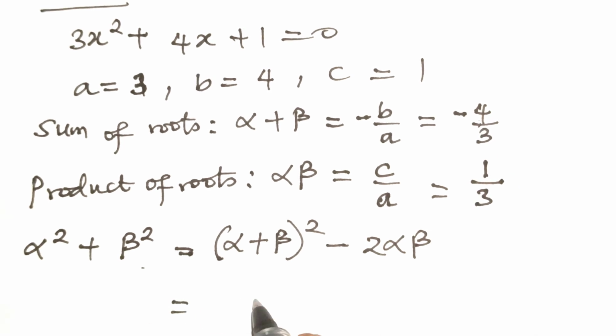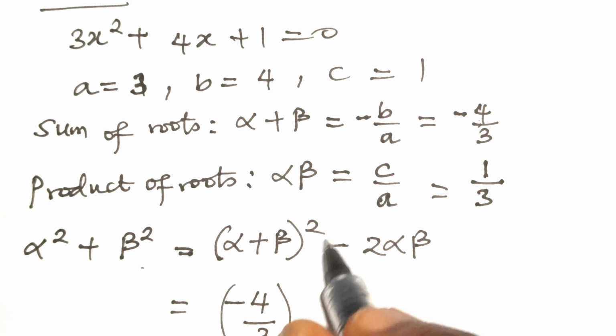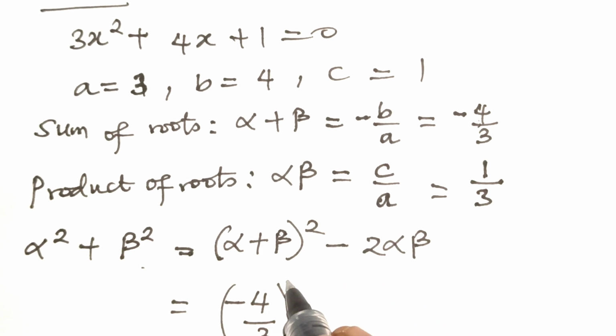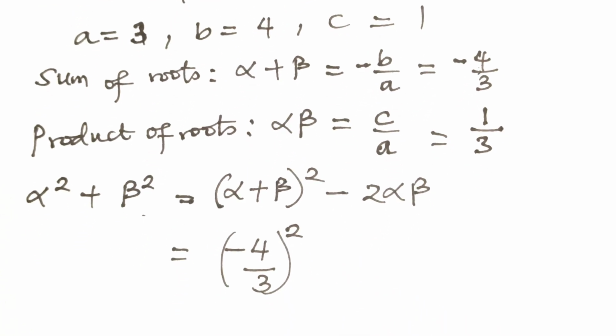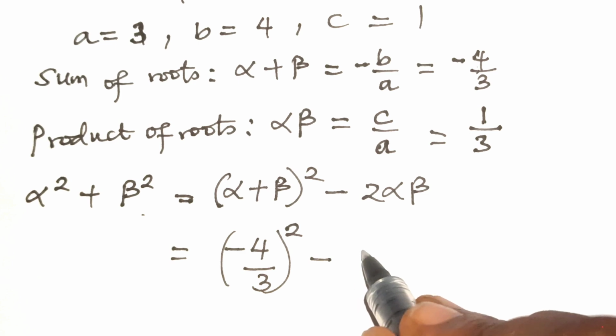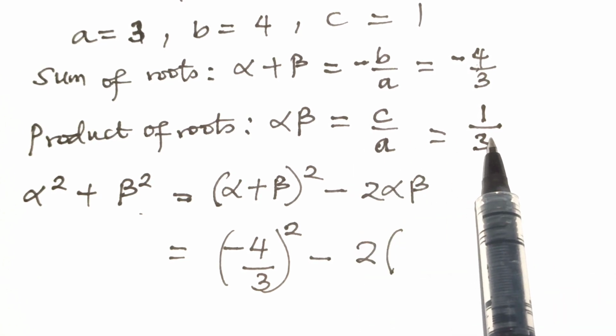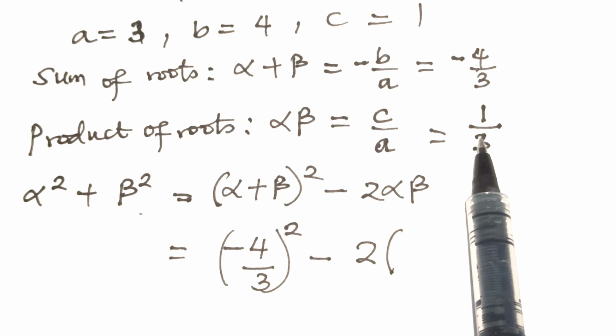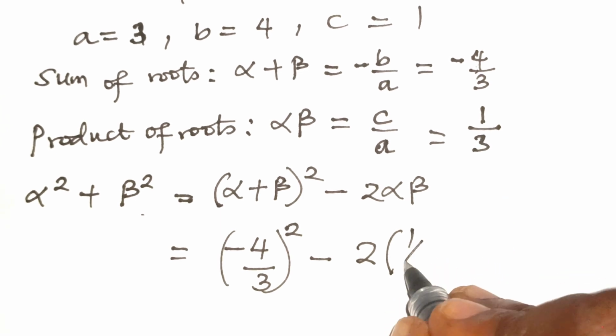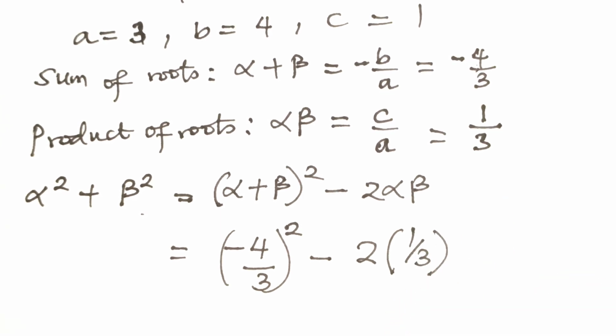We will write the value here, minus 4 over 3. It has to be squared. We square it. Minus 2 times alpha beta, which is 1 over 3. So we have 1 over 3 here.